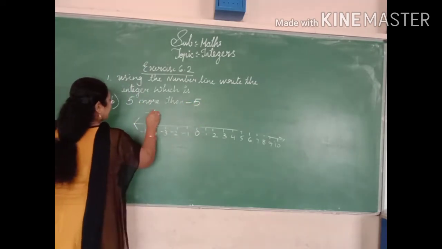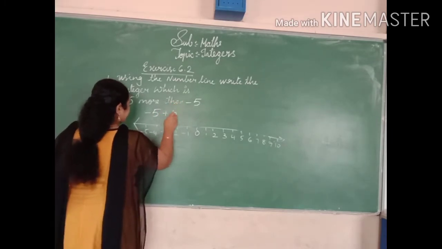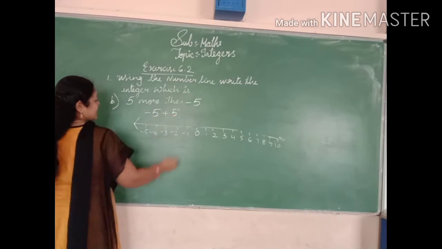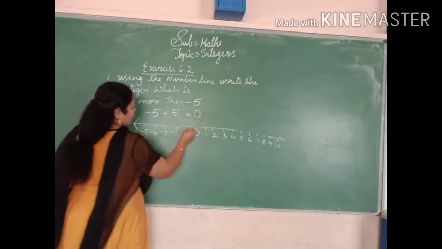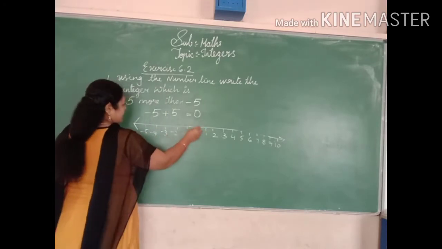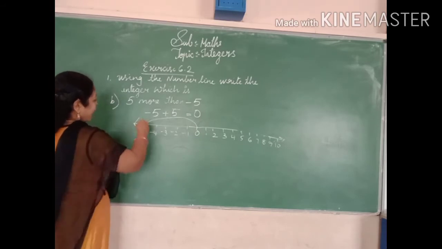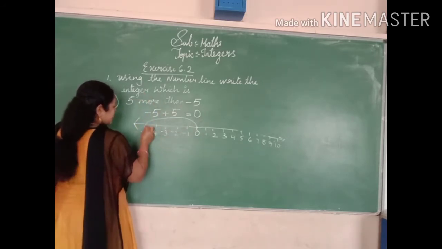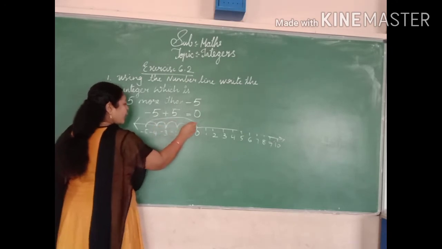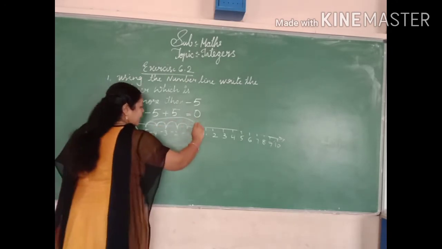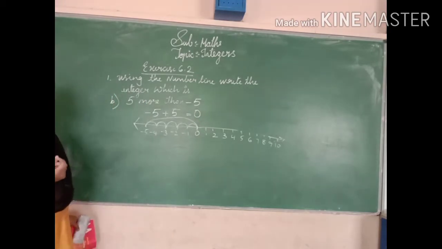That means minus 5 plus 5. 5 minus 5 is equal to 0. So now look here. We take 5 more. So we are taking 1, 2, 3, 4, 5. So 5 more than minus 5 will be 0.